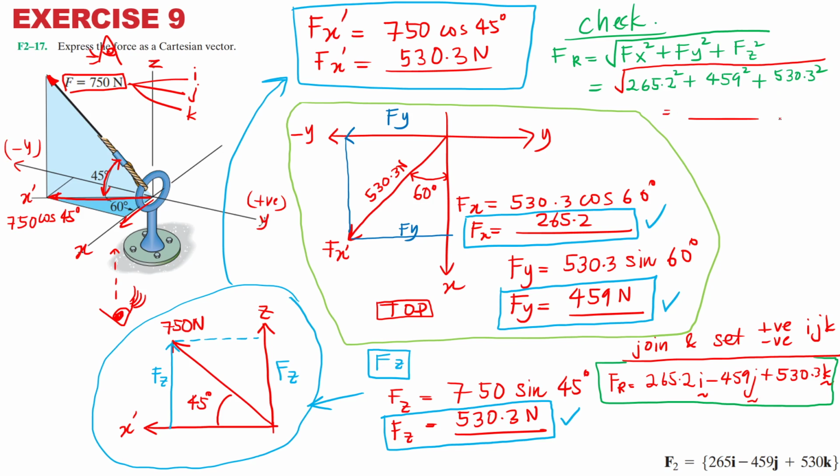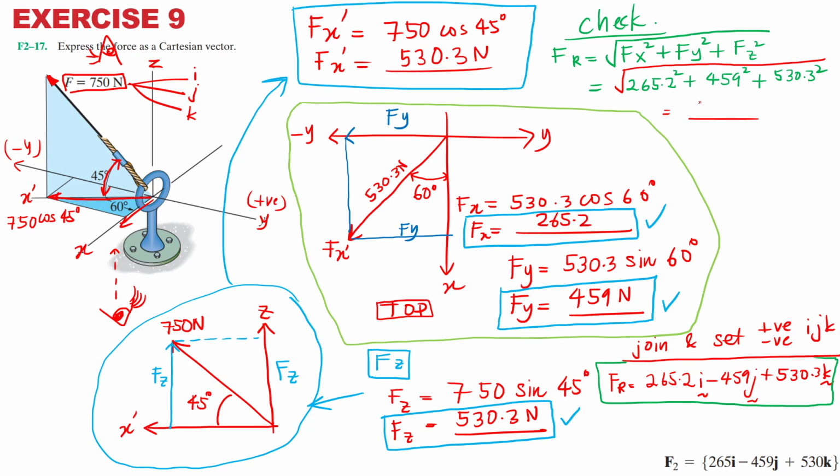So what is the answer? Press your own calculator. 459 squared plus 530.3 squared, and don't forget to square root.